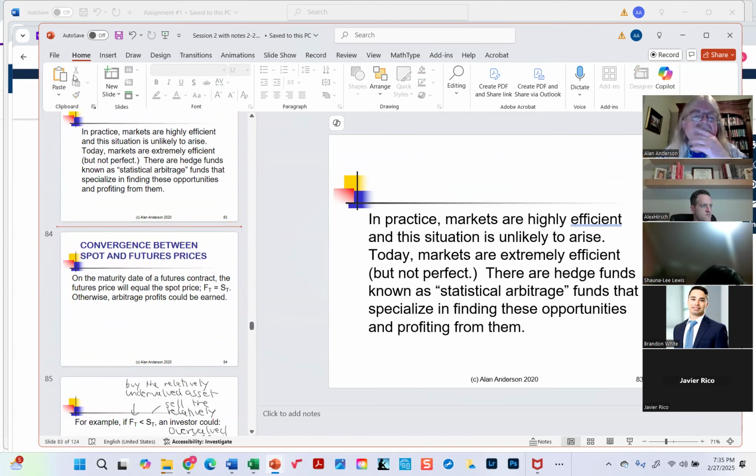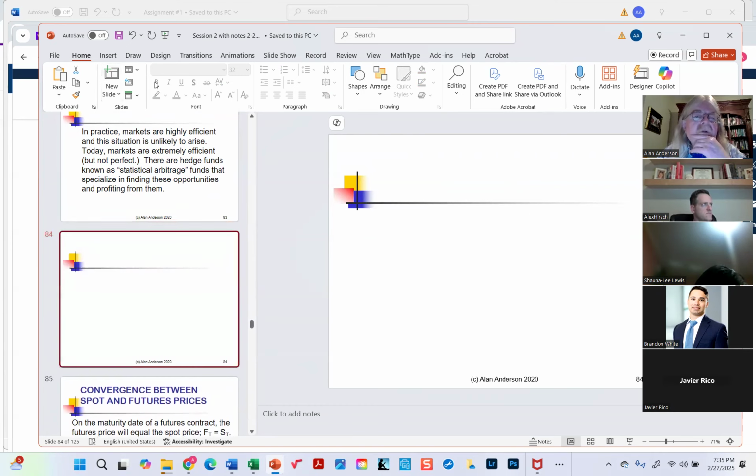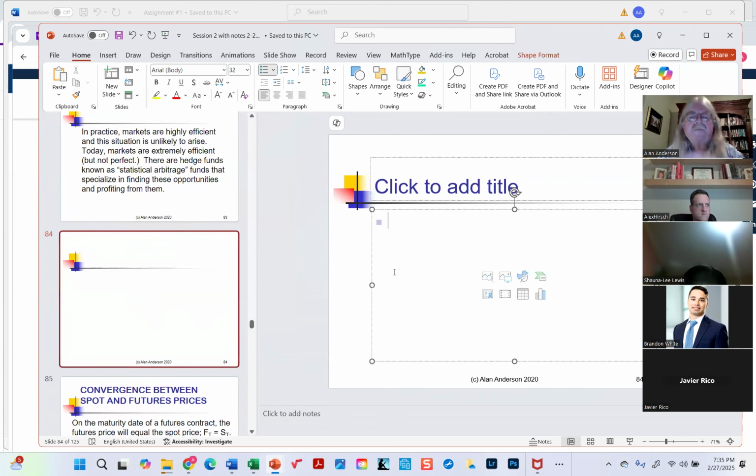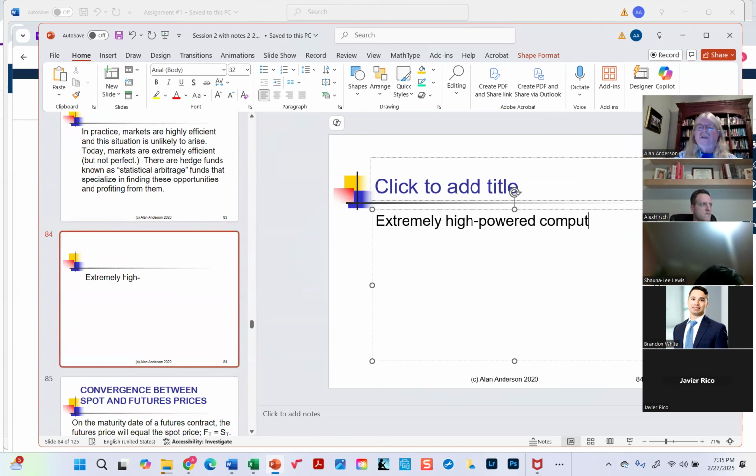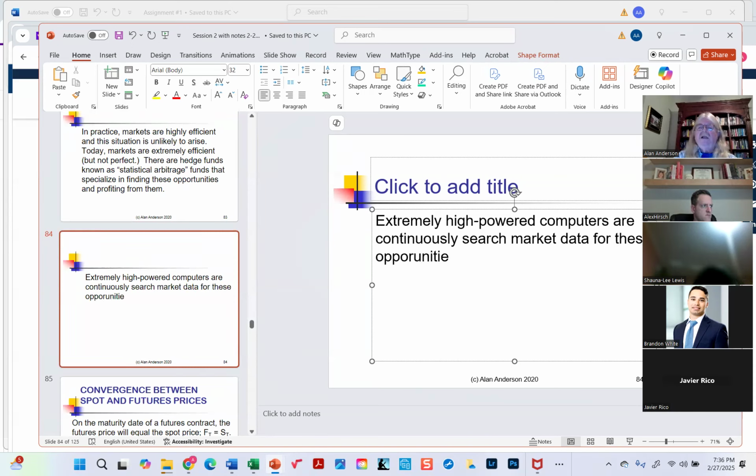But as far as the statistical arbitrage funds go, what has to happen is extremely high-powered computers are continuously searching market data for these opportunities and are programmed to buy or sell when opportunities arise.